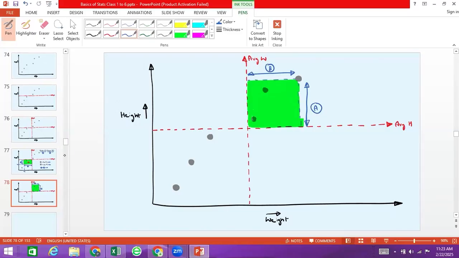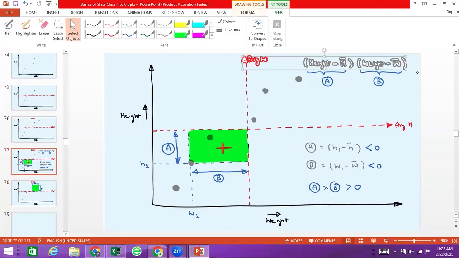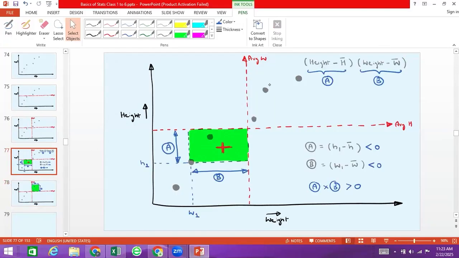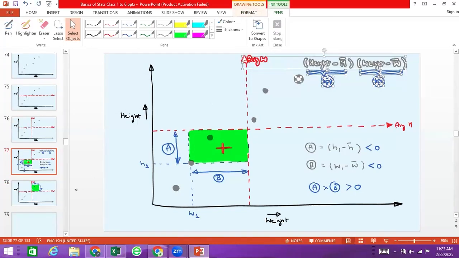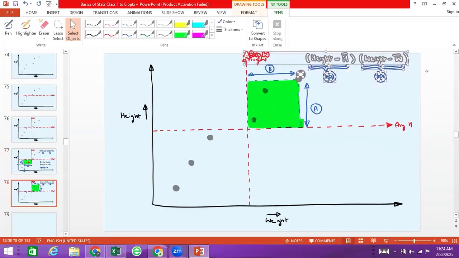And my formula being the same, I will just copy paste this formula.